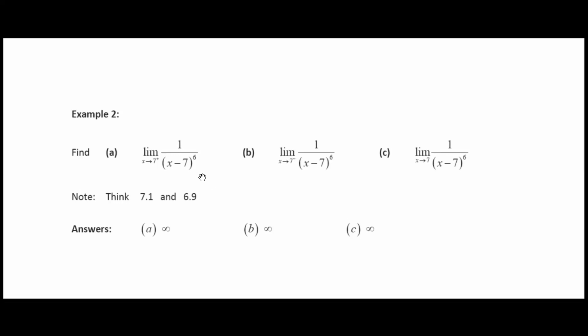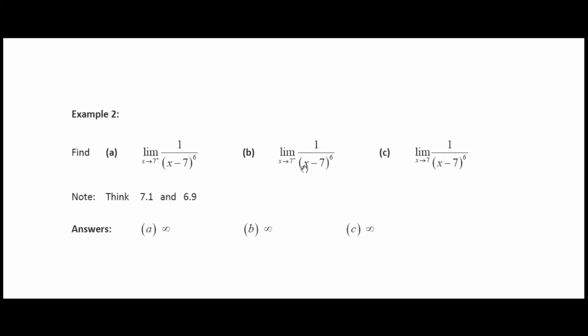Example 2. Basically, we're still going towards 7, so we're going to use 7.1 and 6.9 as our test points. But this is 1 over x minus 7 to the 6th power. So when we go to the right, we put in 7.1, we subtract 7, we get 0.1. 0.1 raised to the 6th power is a small positive number. This is positive, just like before, so it's a positive over positive, which gives us infinity.